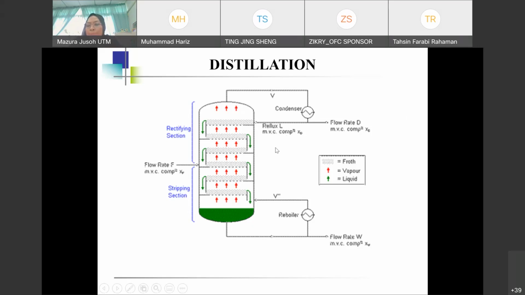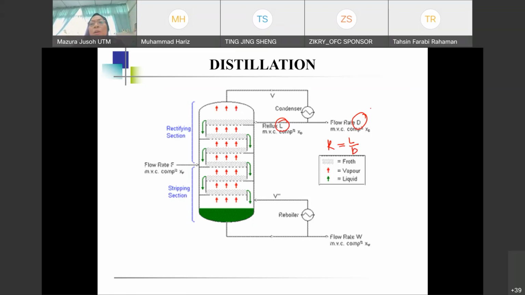Reflux ratio is a ratio of L over D. So R, let me get my pen. Okay, reflux is called R. R is actually L over D. So what is L? That is L, and that is D. So you want to have a ratio of what's going back into the column to the flow rate that is taken out to be your product.